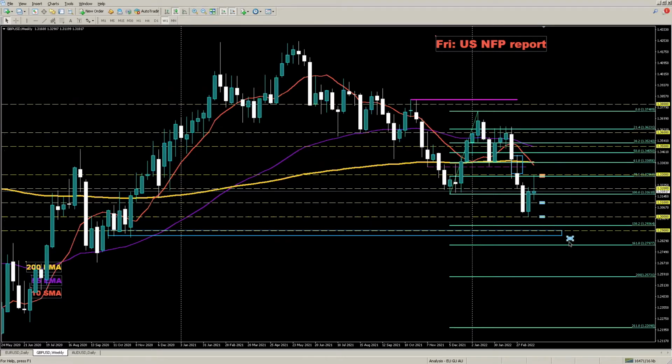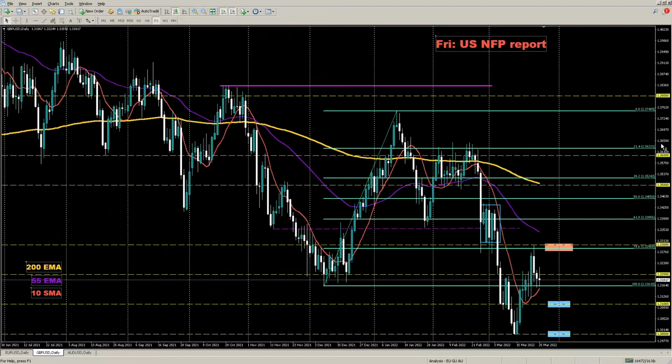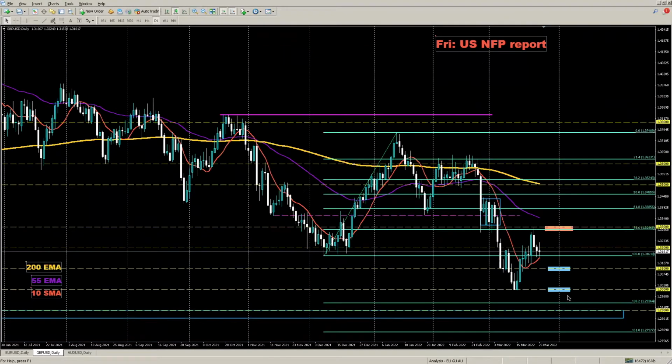Can remove this for now. Okay, so the last line of defense was at the 130 and managed to bounce all the way back up to 133. And now just hovering just below the 132.